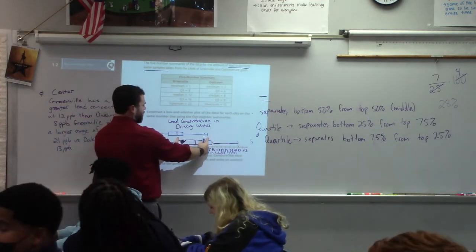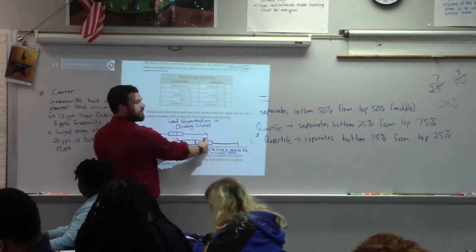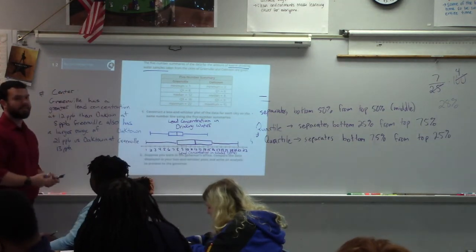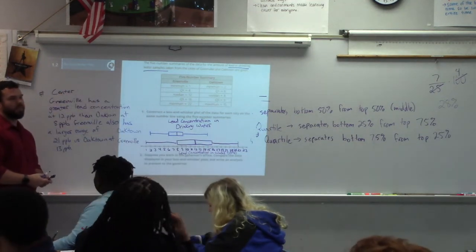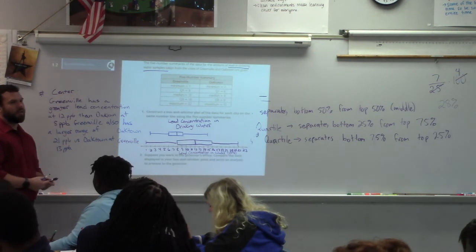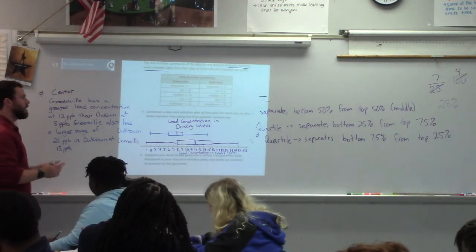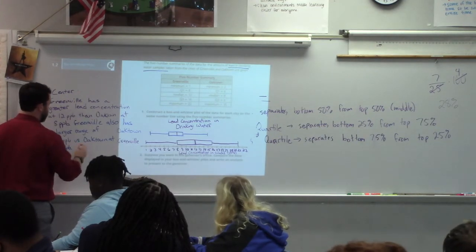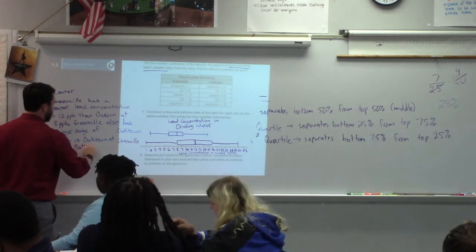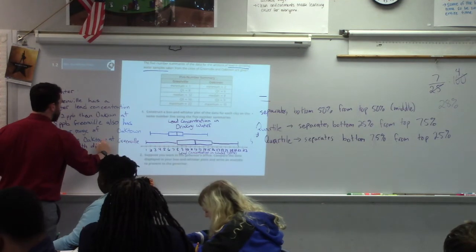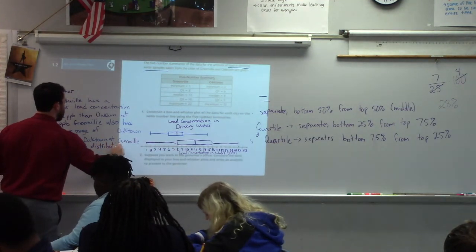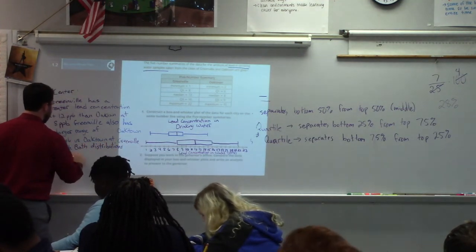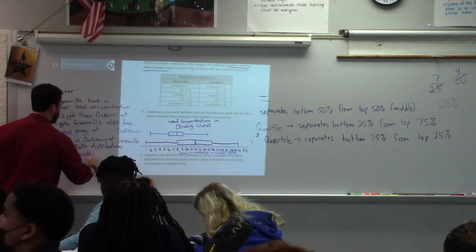And then it goes 8 to 15, which is 7. Are those about the same? Yup. So are they roughly symmetrical? It doesn't have to be perfect, guys, but it's roughly symmetrical. So both distributions are roughly symmetrical.